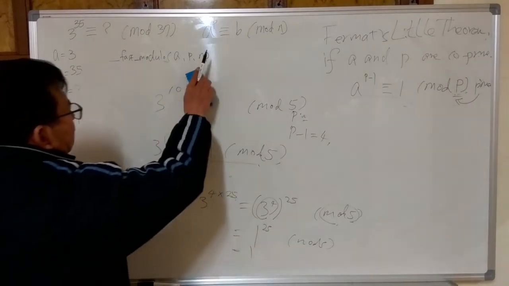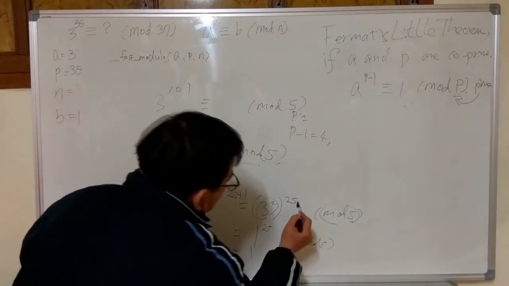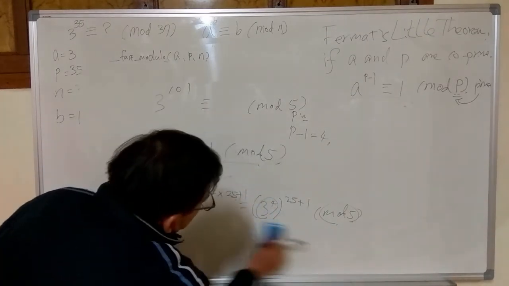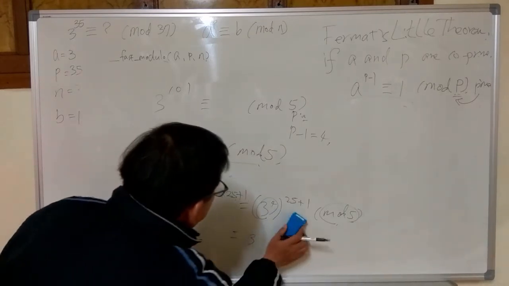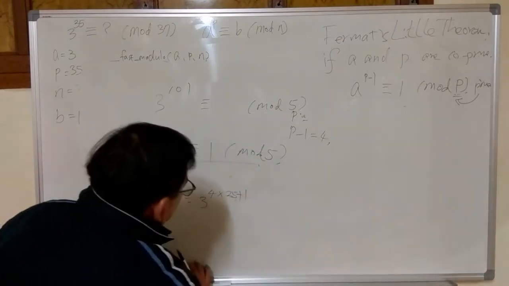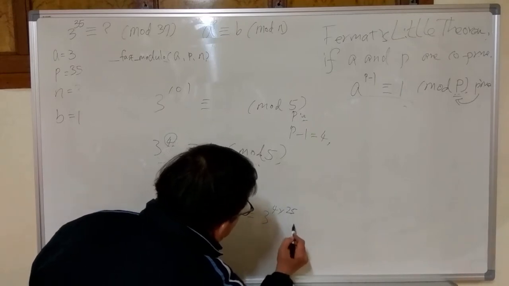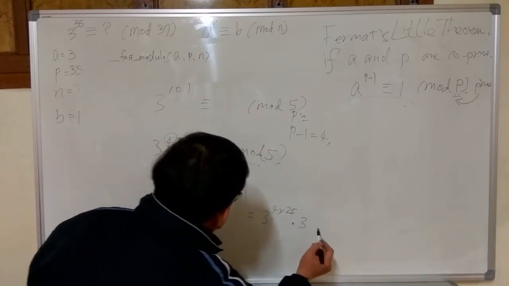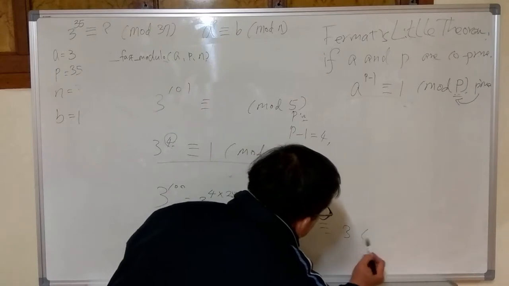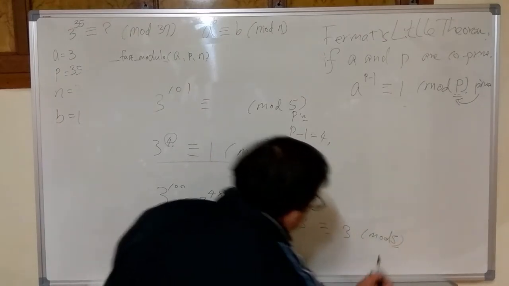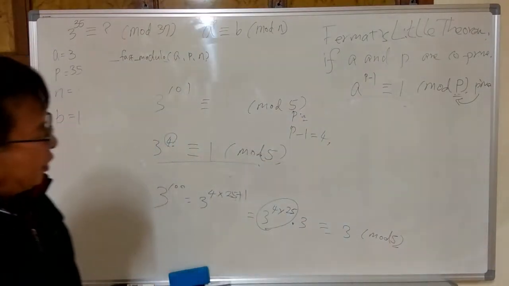Then at this point, 3 to the 4 times 25, times 3, is effectively 1 times 3 mod 5. This is what Fermat's Little Theorem actually means.